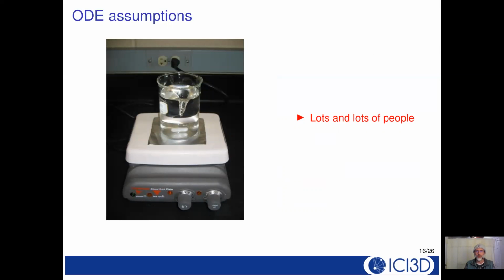So when we make an ODE or other simple model, it's worth thinking about what assumptions we're making and how they might affect our conclusions. So this is an amazing object. This is a lab beaker that has a little lozenge spinning inside it at amazing speed, and it's mixing this solution very rapidly. And in my mind, this is a very good metaphor for what we assume when we do an ordinary differential equation model, because there are 10 to the 24th or more molecules of water here.